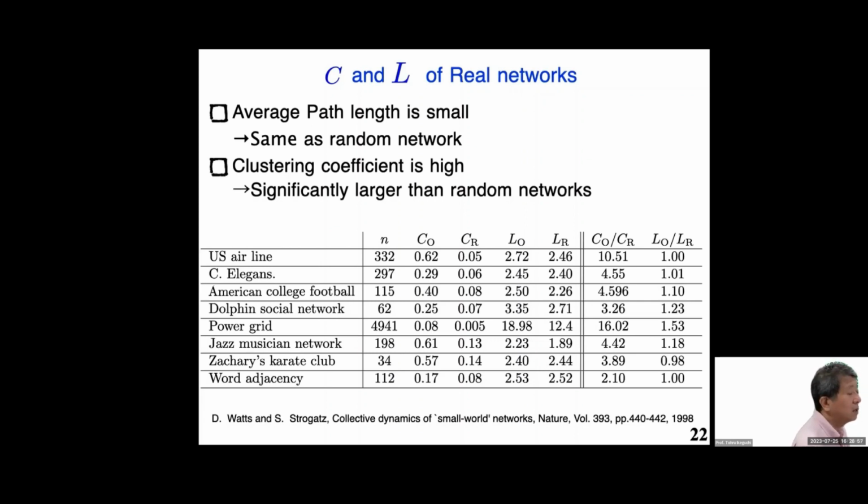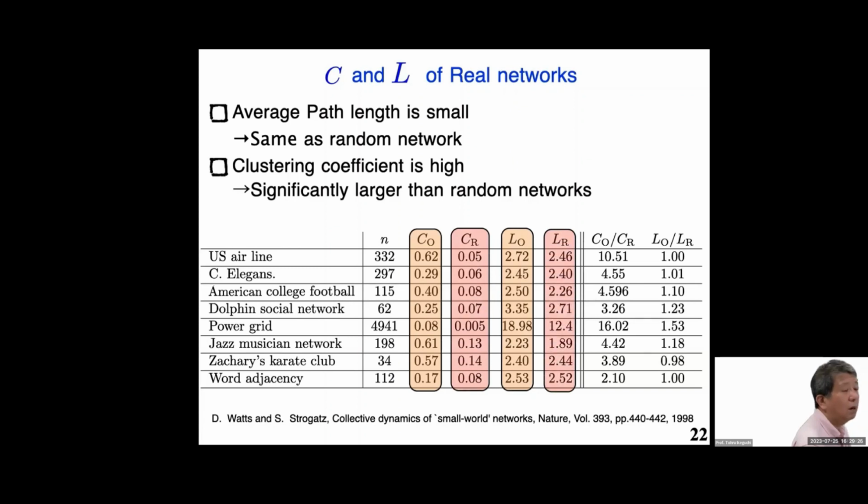So we calculate the clustering coefficient and the average path length of the original network. To evaluate the difference between these networks, we normalize the clustering coefficient C_O and the average path length L_O by the clustering coefficient and the average path length of the corresponding randomized networks.